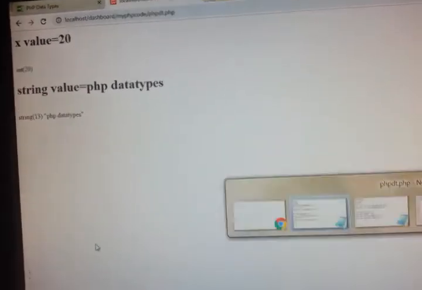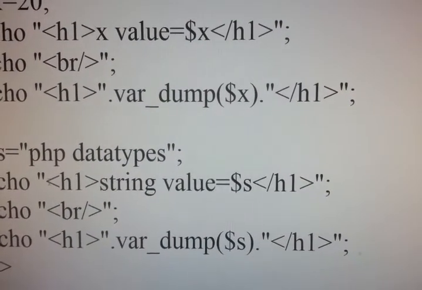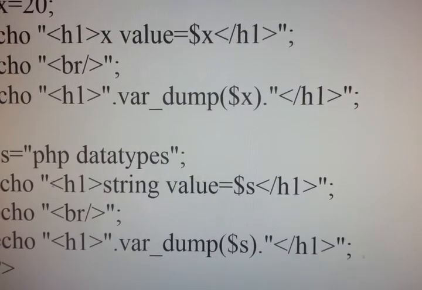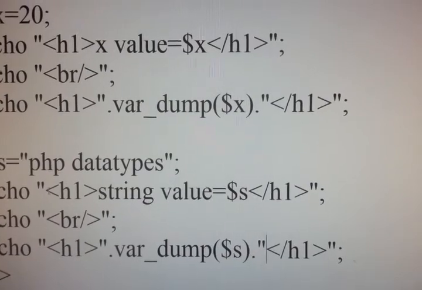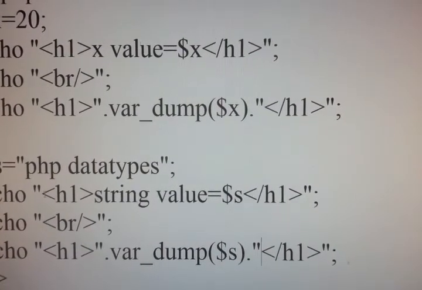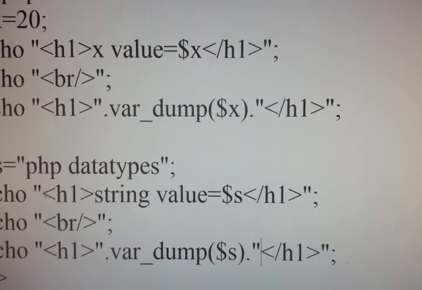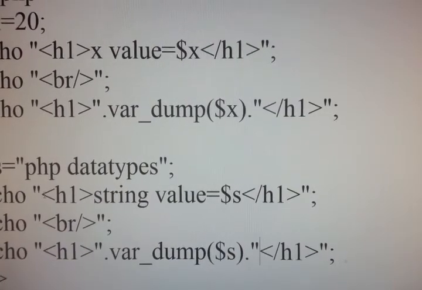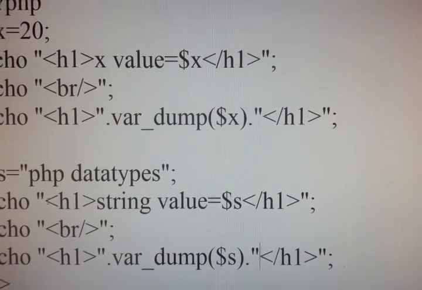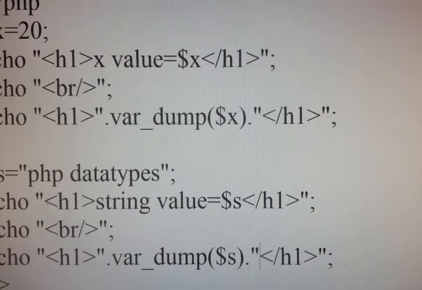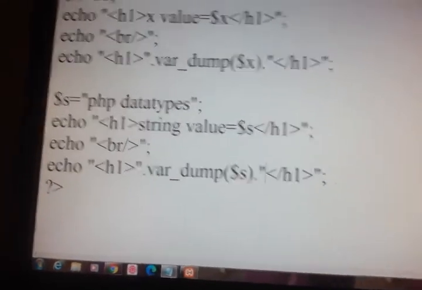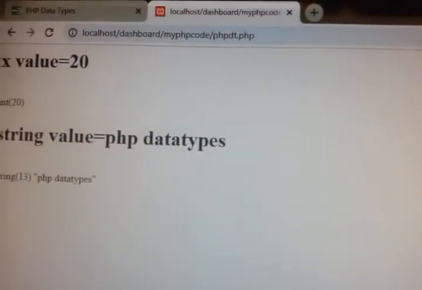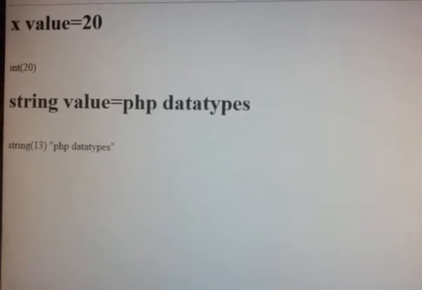This h1 is not activated. When we are using double quotes, it is using variable dump. When we are not using double quotes, we are getting output in small. X value 20, int of 20.